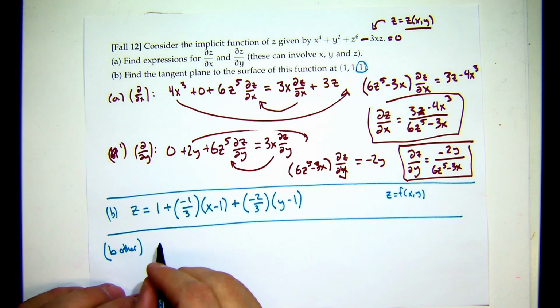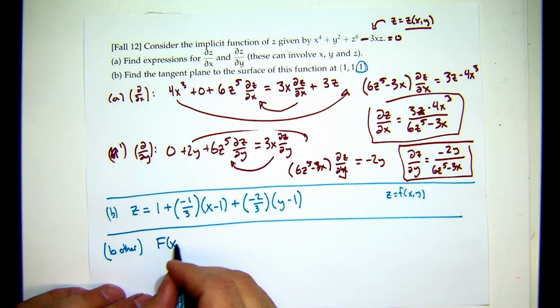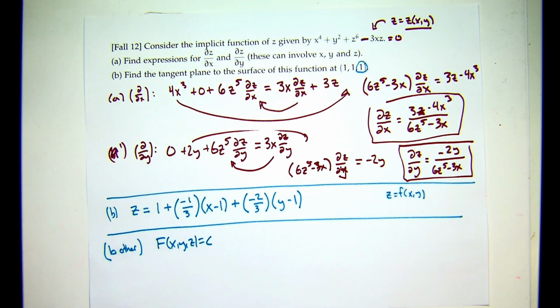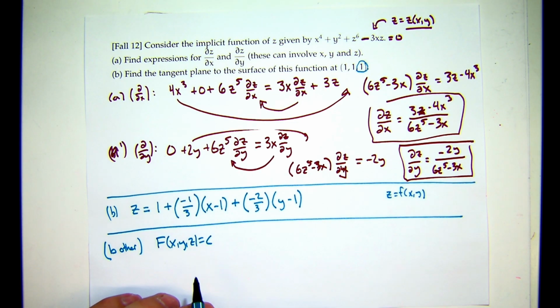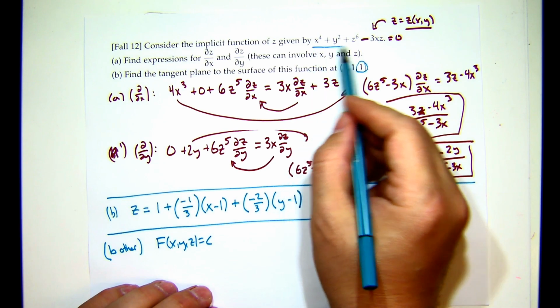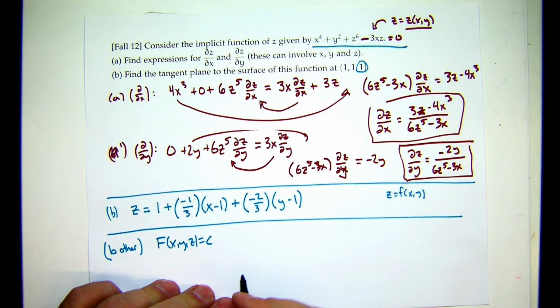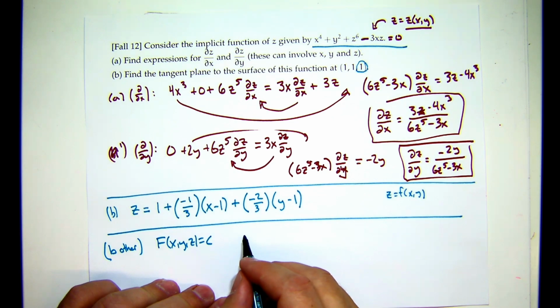Well, remember, if you can ever write something as f of x, y, z equals a number, tangent planes are awesome. In this case, can we write this as f of x, y, z equals the constant? Yeah, we already did, because we moved everything to one side. So what is the gradient of this function?